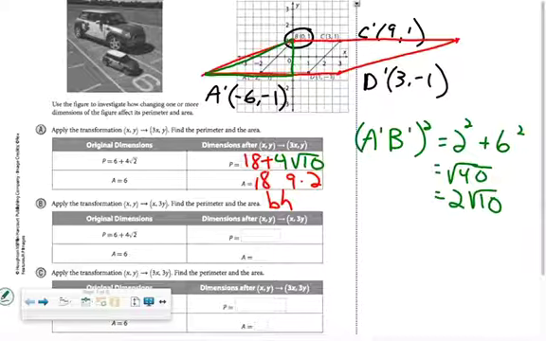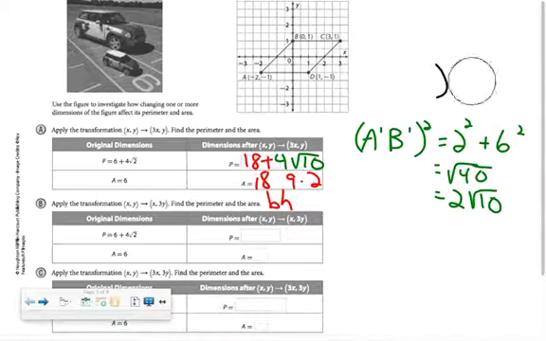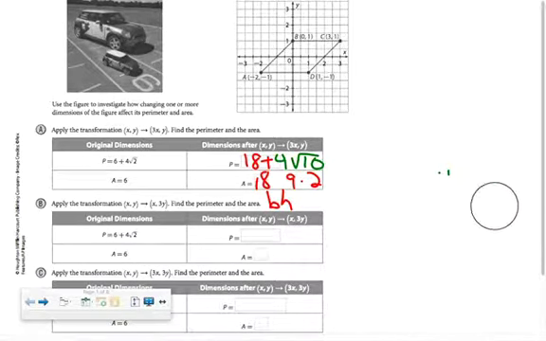Okay, let's continue. In part B, we're applying a different transformation. We're multiplying y-coordinates by 3 this time. So let's erase and start over. This time, A prime would be at -2, -3. B prime would be at 0, 3. C prime would be at 3, 3.